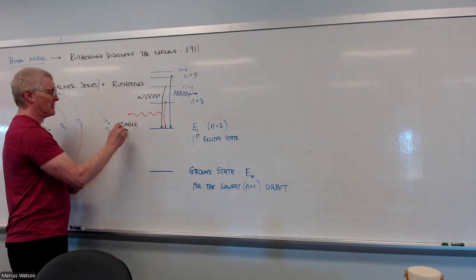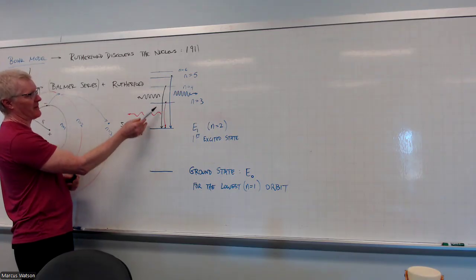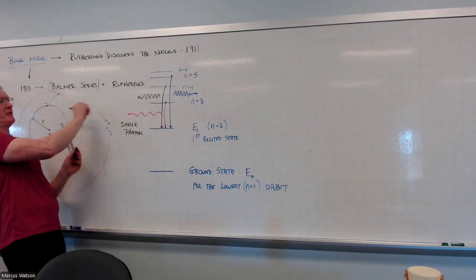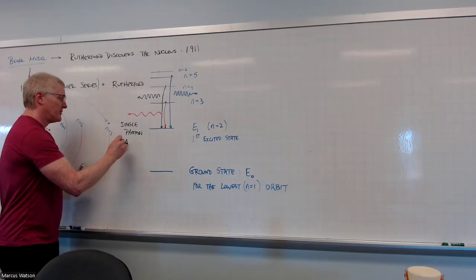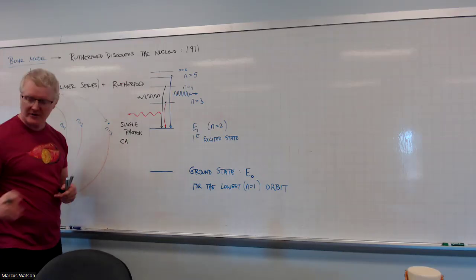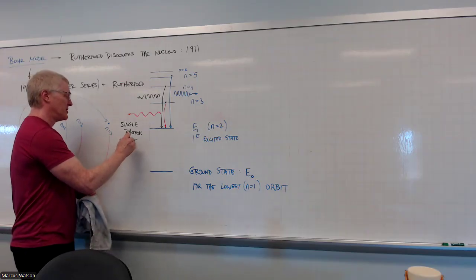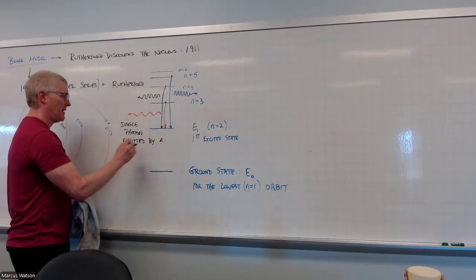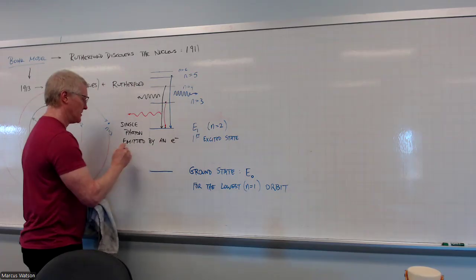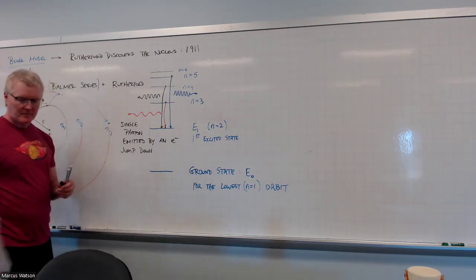And therefore, if you want to excite it, say, from this state back up to this state, you just grab the photon that came out, turn around, throw it back in, and it'll absorb it and go back up. So a single photon is emitted by an electron jump down.